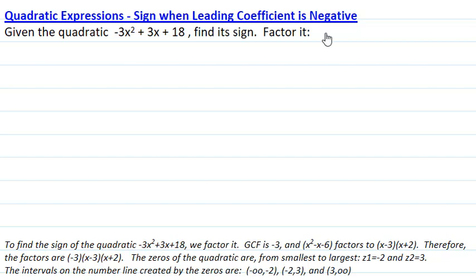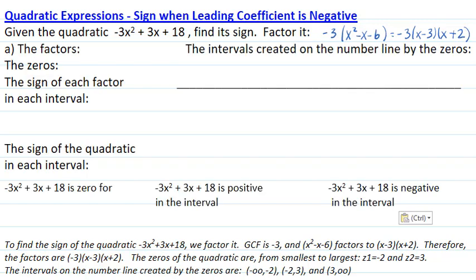The greatest common factor is negative 3, and x squared minus x minus 6 factors to negative 3 times (x minus 3) times (x plus 2). The factors of the quadratic are negative 3, x minus 3, and x plus 2.